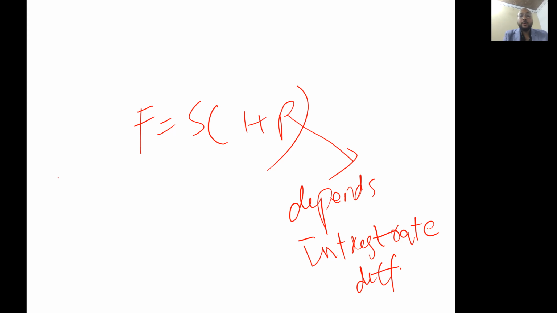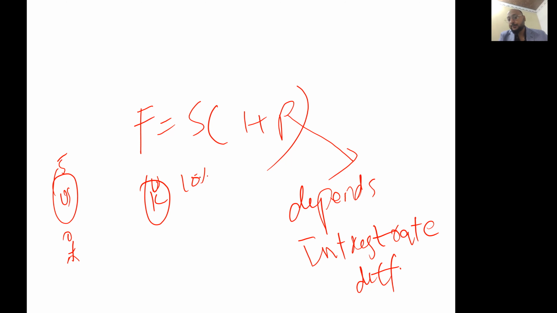Right? For example, if you are in the US and the US interest rate is 5%, UK interest rate is 10%. Right? So it means the exchange rate between dollar and pound is going to be influenced by the difference between interest rates, 5%.